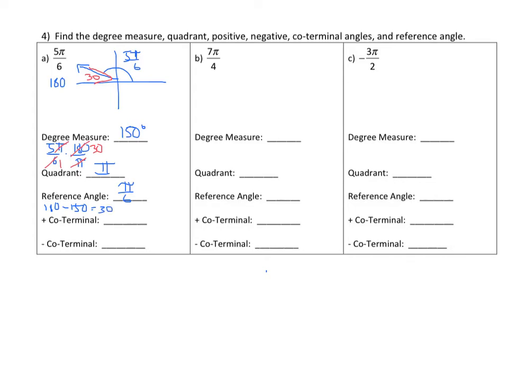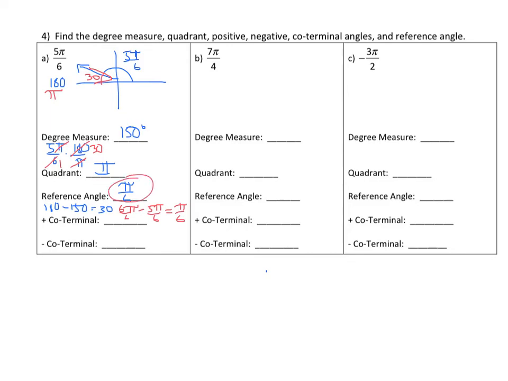In radians, the same idea would instead be 180 is the same as pi minus 5 pi over 6. This is like 6 pi over 6 minus 5 pi over 6 is pi over 6. So that would be the reference angle right there, pi over 6.